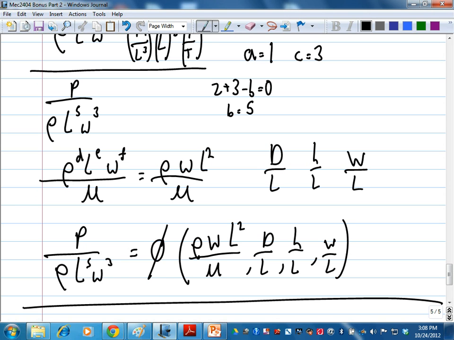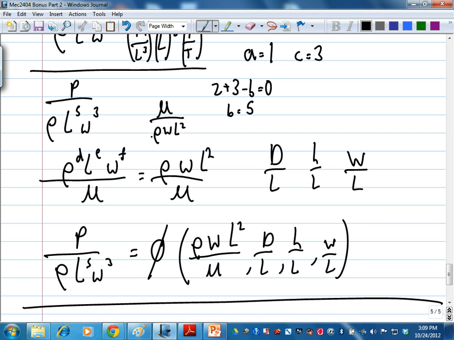It's the same. 2 over 1, 1 over 2. If you do it the other way, you get mu over rho omega L squared. Yeah, that's correct.